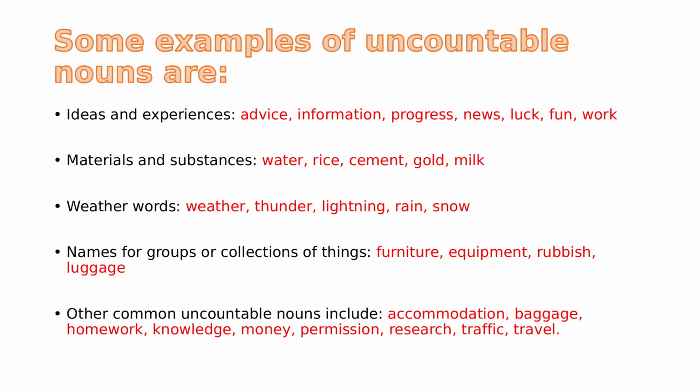Words related with weather and also the word weather: thunder, lightning, rain, snow. Names for groups or collections of things: furniture, equipment, rubbish, luggage. Other common uncountable nouns include accommodation, baggage, homework, knowledge, money, permission, research, traffic, travel.